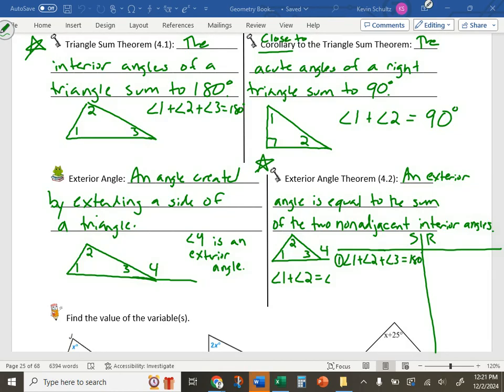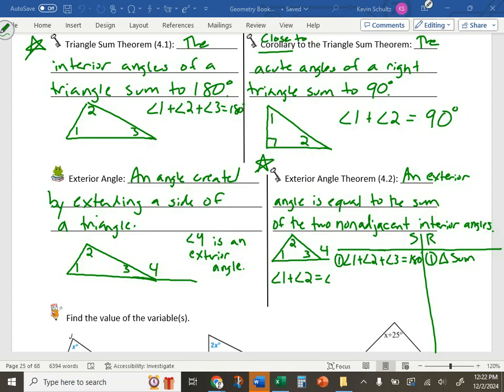How do we know that? The triangle sum. If we're trying to prove a theorem, we don't always start with a given statement because we have to use other theorems to get there, other geometric properties. The triangle sum theorem, right? We just learned about that one.